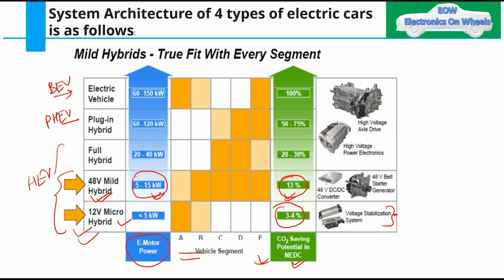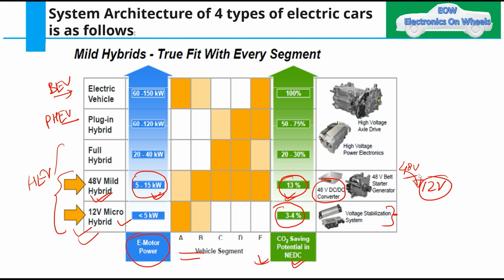But when you are going to 48-volt architecture, you have to have the DC-DC converter. Why should you have the DC-DC converter? Because most of your accessories will be working on 12-volt, so you have to convert your 48-volt to 12-volt. We will see further there is a method to convert, and there are some accessories which can work on 48-volt architecture also, and some accessories will work on 12-volt architecture.